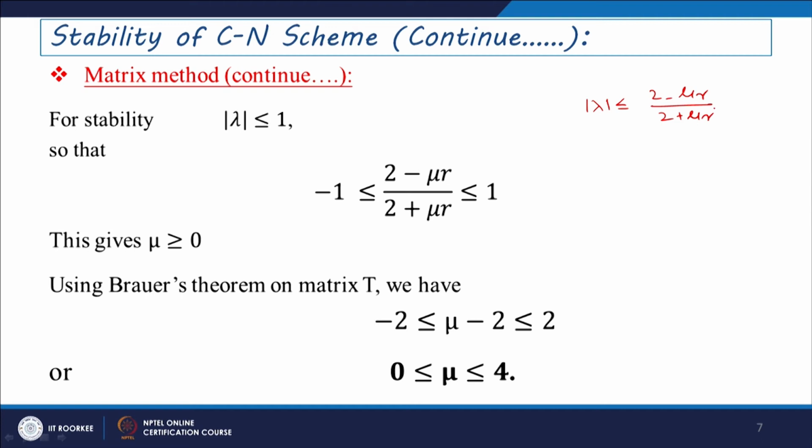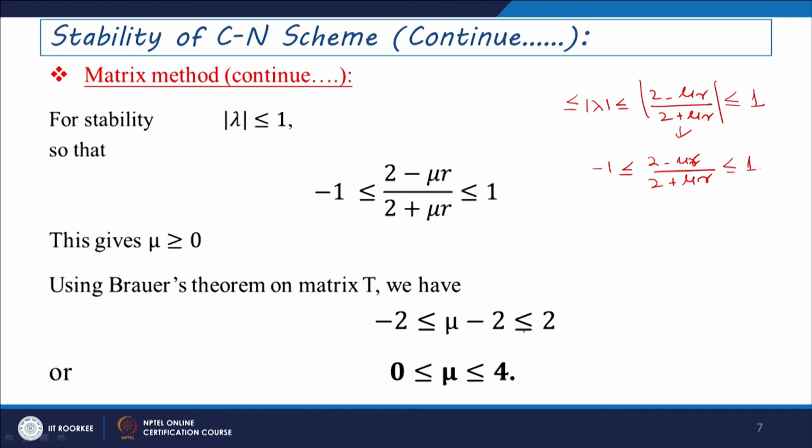Since the absolute value is less than 1, we can write minus 1 less than or equal to (2 minus mu r) by (2 plus mu r), which should be less than or equal to 1, and which gives the value that mu minus 2 should lie between minus 2 and 2.